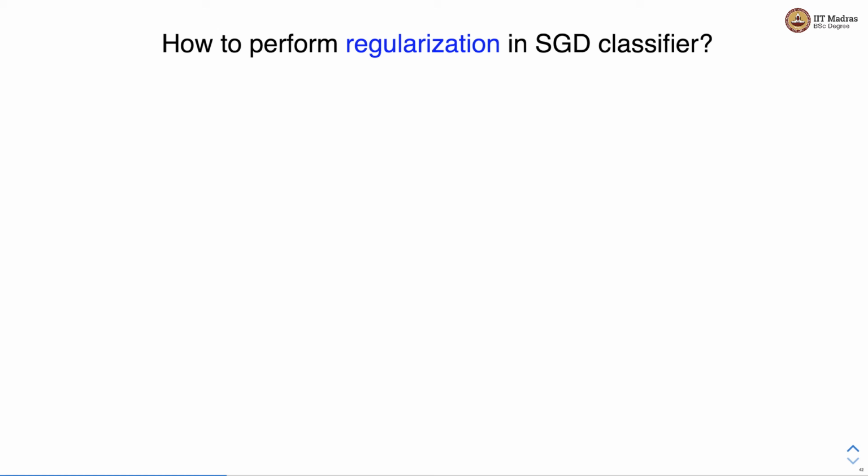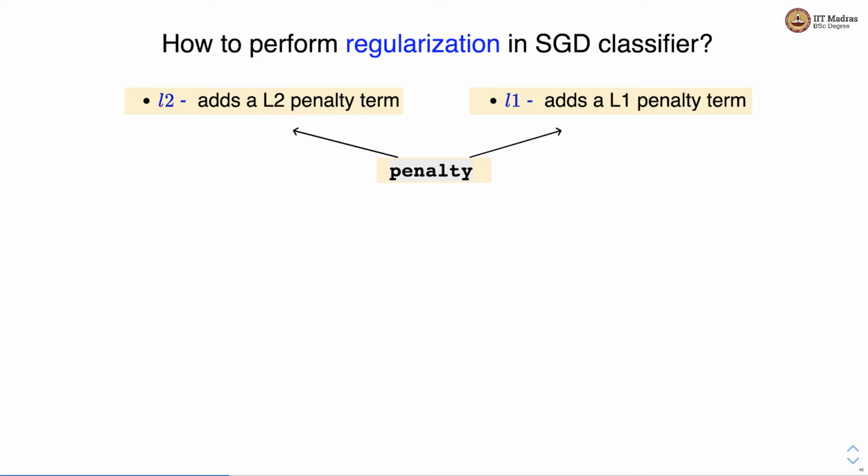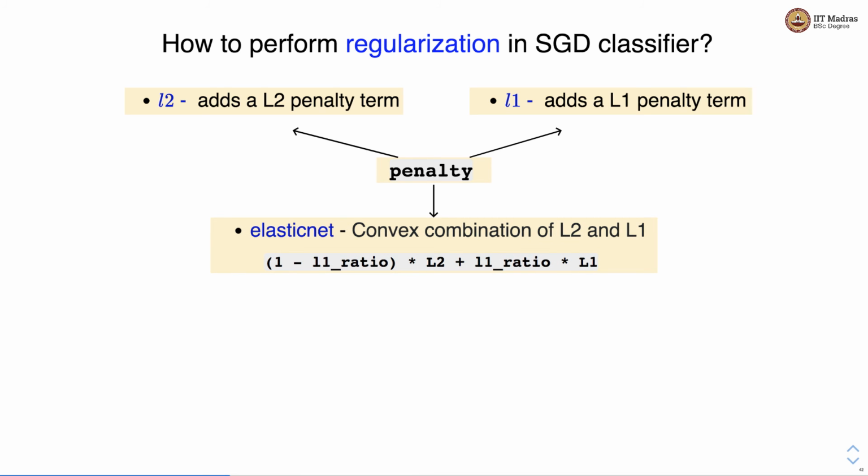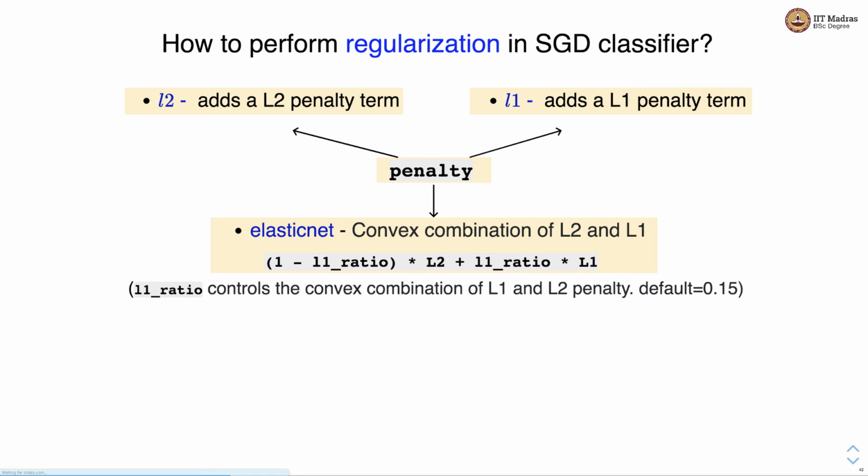We can also perform regularization in SGD classifier. We can use either L2, L1 or elastic net regularization. We have already seen elastic net regularization while we were studying the linear regression module. So in case of elastic net regularization, L1 ratio controls the convex combination of L1 and L2 penalty.